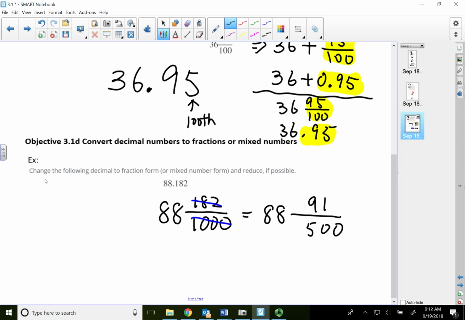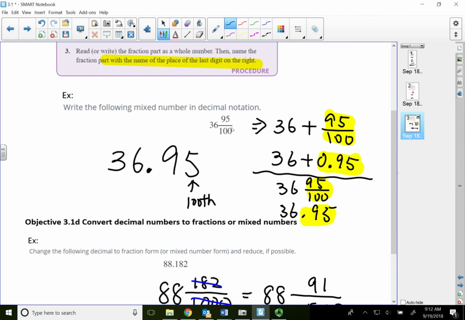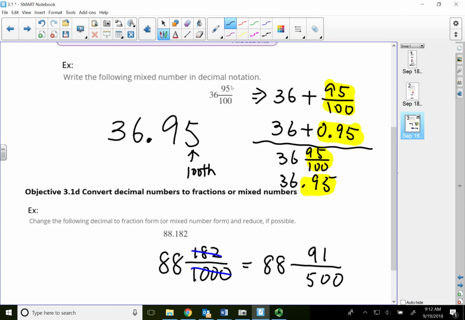So why did I not reduce earlier? Because if I would have reduced it, it would be hard for me to write out my decimal right away. I would have to do some sort of division before I can write it out, which we will do in a different lecture video.